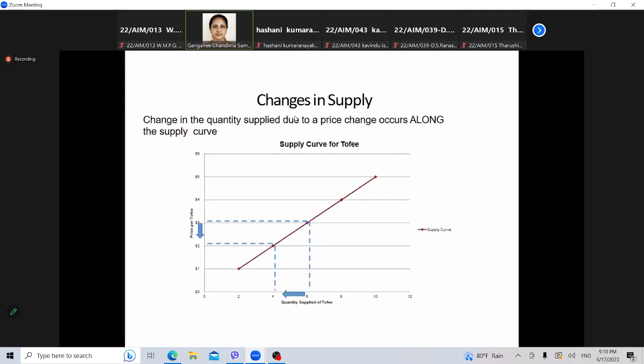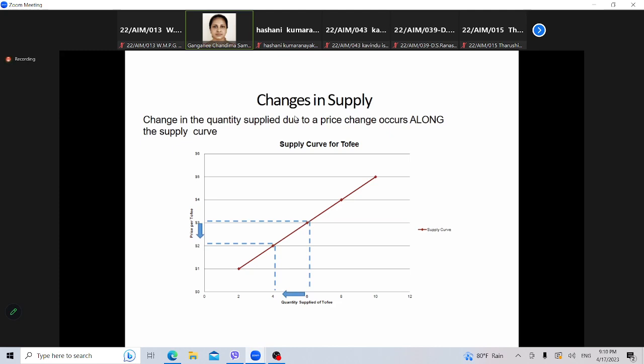Okay, now we will see the changes in supply as we saw changes in demand. Carefully examine this curve. You can see when prices reduce from here to here, the quantity supplied also decreased from 6 to 4.